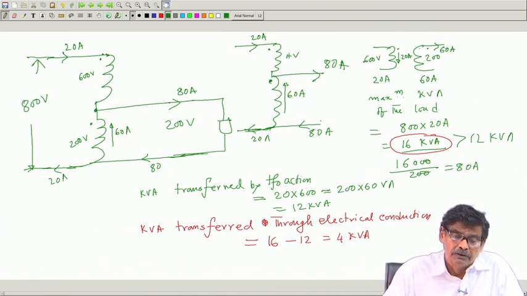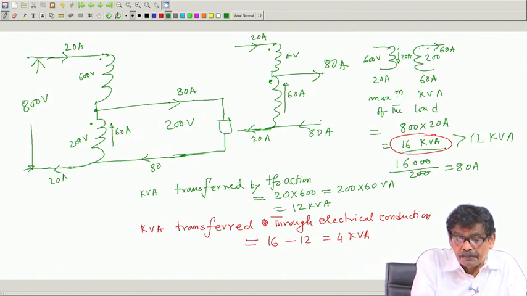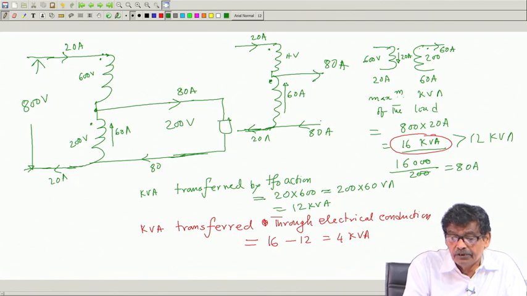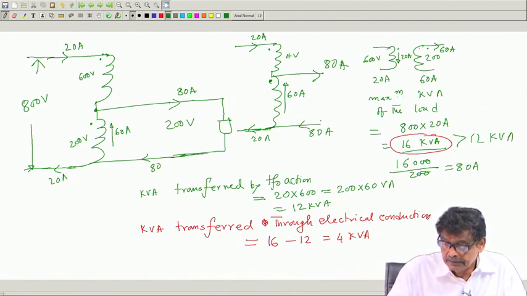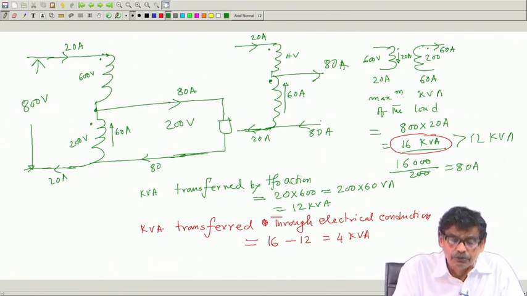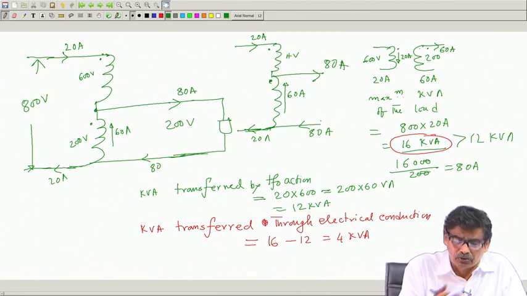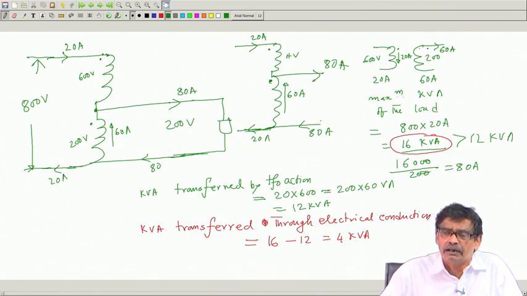We also said this is possible because power is transferred from the source to the load side by two actions. One is by transformer action, another is by electrical conduction. It is easy to calculate how much is transferred by transformer action, and from the total kVA I subtract that to figure out how much is conducted.